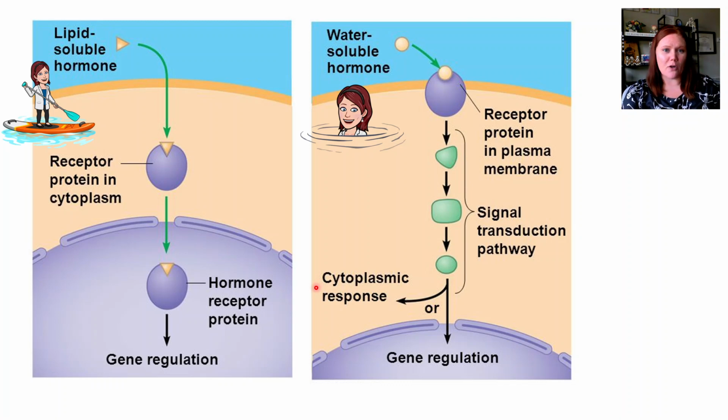So it can change proteins that were already present, activate them, or deactivate them. It can lead to two different kinds of effects. When we think about lipid-soluble hormones, there's only one kind of effect that they can have, and that effect is changing the activity of your cells.